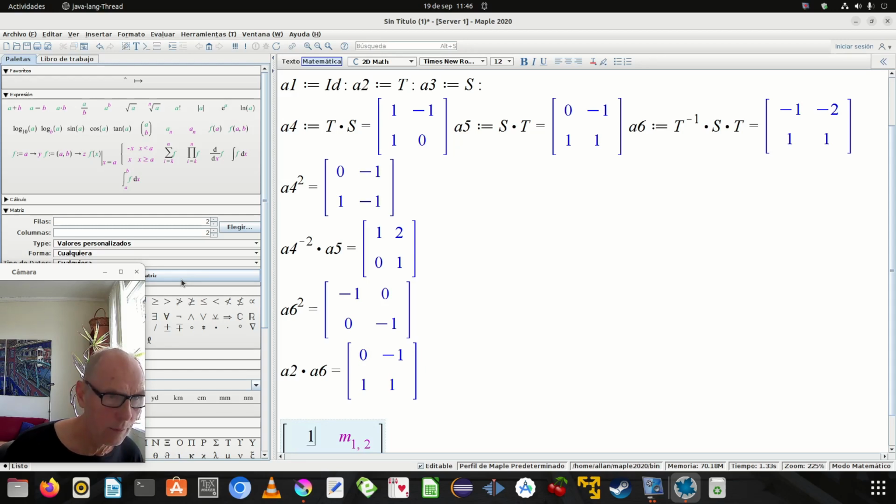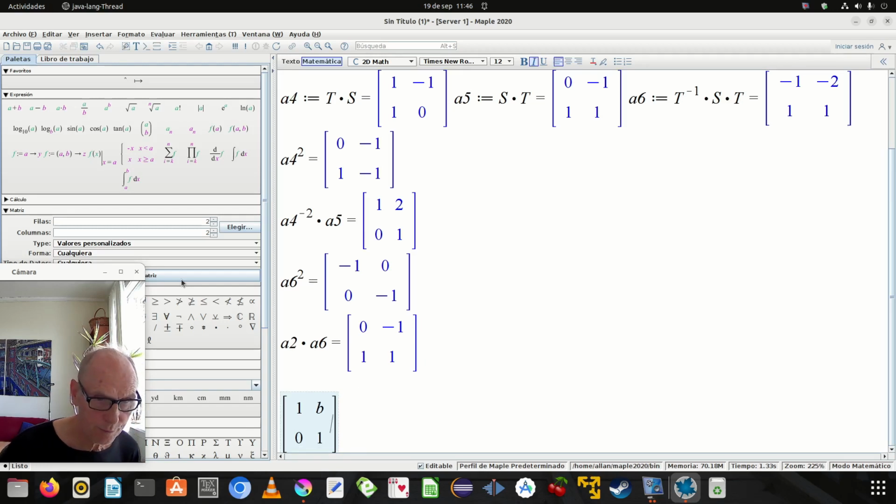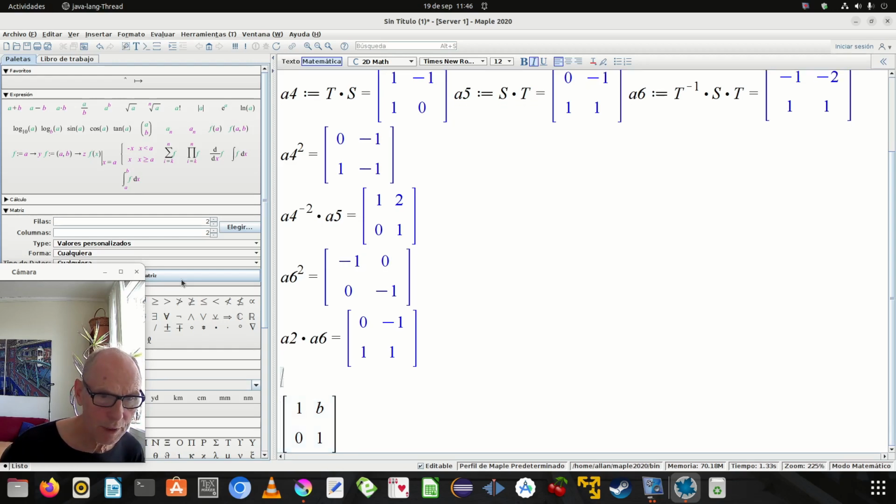Now naught was arbitrary. But that must be unity, of course, in this case. No, that was the one we had, so we need to have naught here and then a down here. And then let's square it.